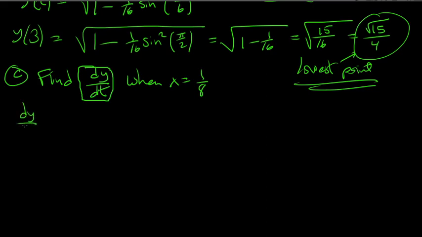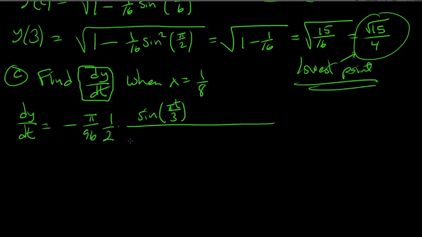The derivative of y with respect to t is negative pi over 96 times sine times cosine. And remember, I was going to change that to sine of 1/2, so there's another 1/2 down here. Sine of pi t over 3, then divided by the square root of 1 minus 1 over 16 sine squared of pi t over 6.